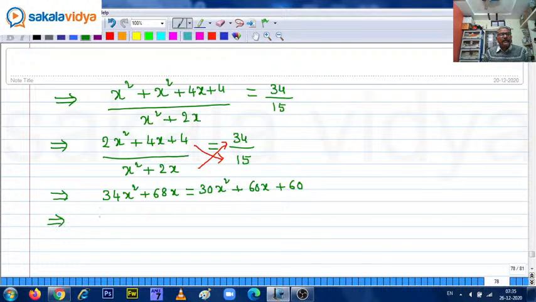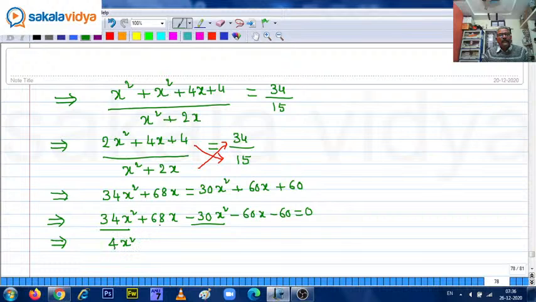So we should have the patience. 34x square plus 68x minus 30x square minus 60x minus 60 equals 0. So now we need to simplify. 34x square minus 30x square is 4x square, 68x minus 60x is plus 8x, minus 60 equals 0.